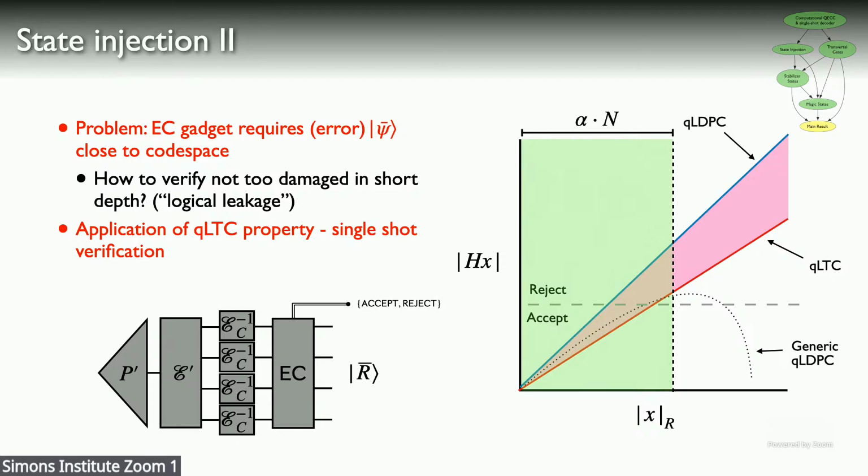So that's the place where we use qLTC quite critically. If we didn't have this, we wouldn't be able to achieve anywhere near linear log. We'd actually be at log squared, which is quite a bit larger.